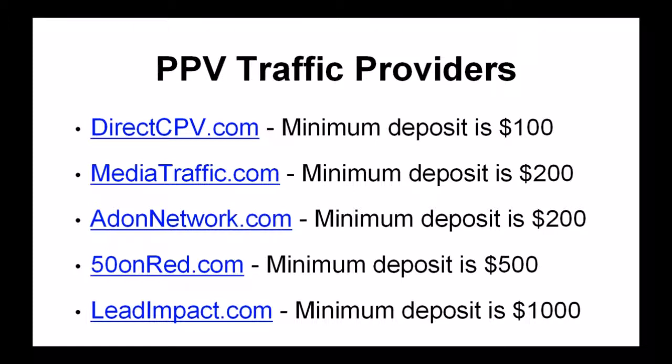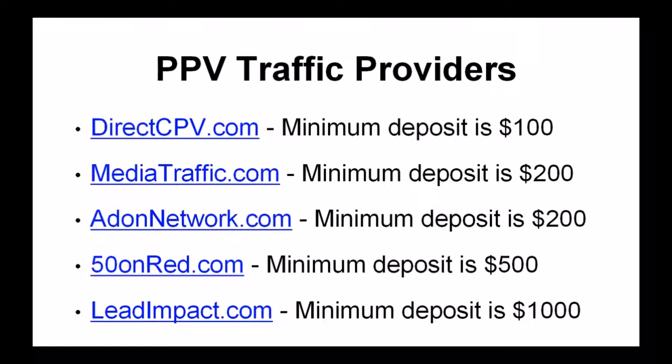They require only a $100 deposit to join. Media Traffic is another PPV provider, and it requires at least $200 to join. AdOn Network, on the other hand, is similar to Media Traffic. You have to deposit $200 to join.